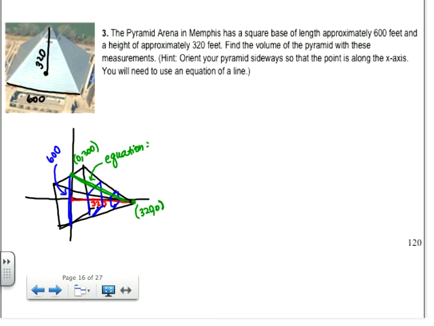So for my equation, your slope is 300 minus 0 over 0 minus 320, so 300 over negative 320. Reduce that: negative 15/16. So it's y equals negative 15/16 x plus 300. The y-intercept was 300, the point (0, 300).